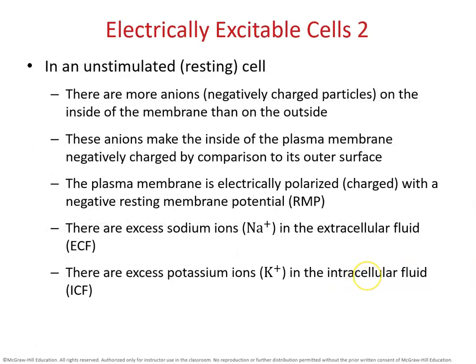So in a resting muscle cell, we have more anions, the negatively charged particles, on the inside, and this makes the charge negative on the inside as compared to the outside. Then we have positive charge in the extracellular fluid outside of the cells.